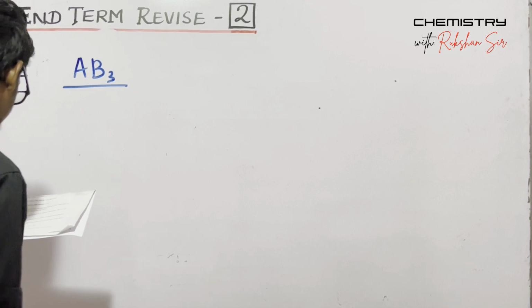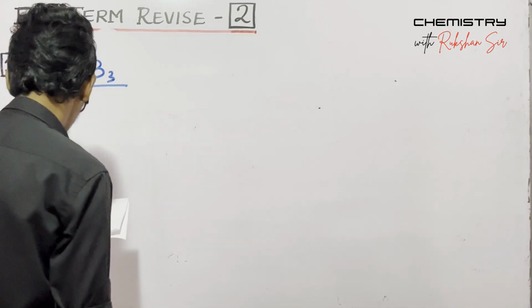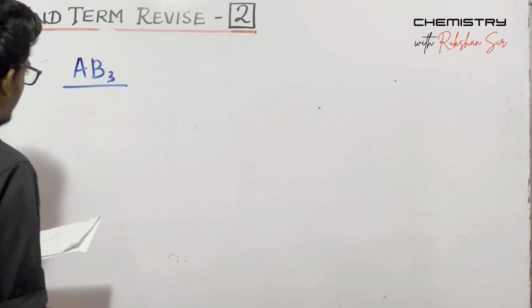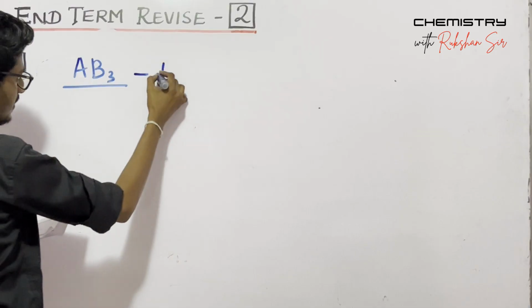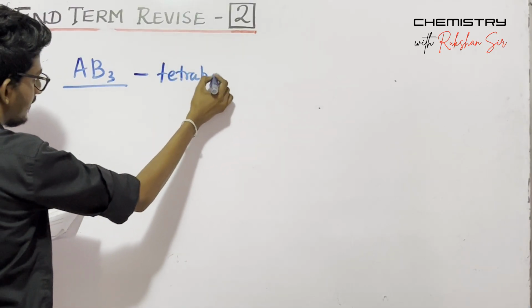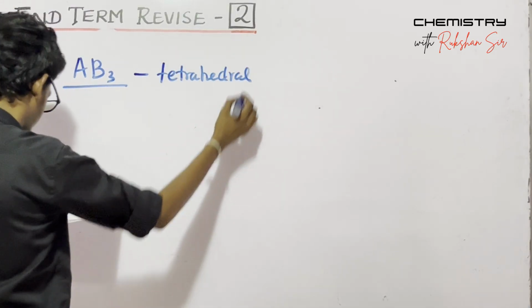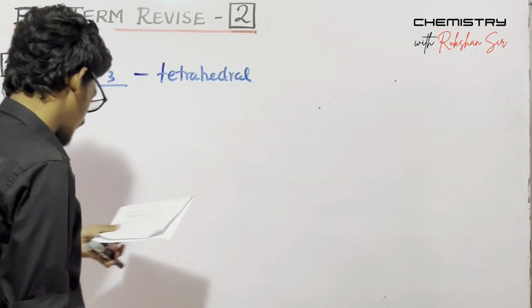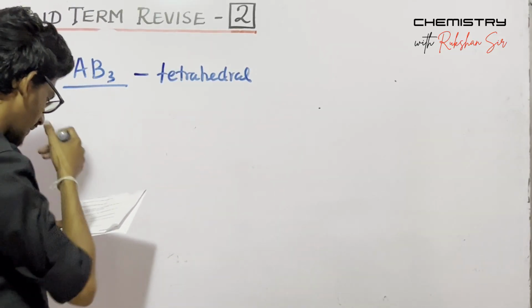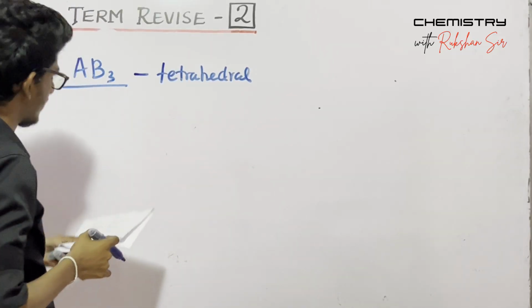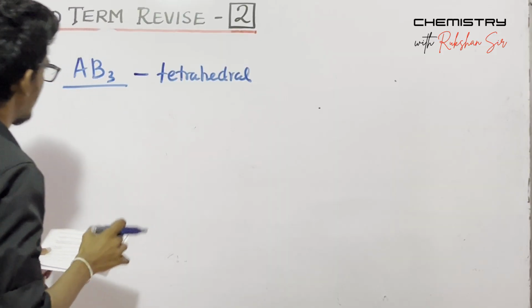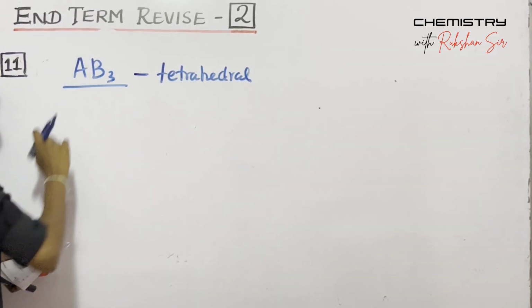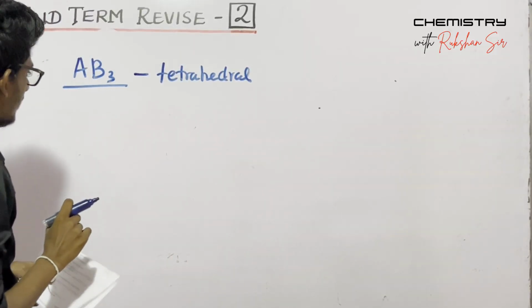If the shape around the atom A of AB3 is tetrahedral, you can't have a tetrahedral geometry with only three connected atoms.